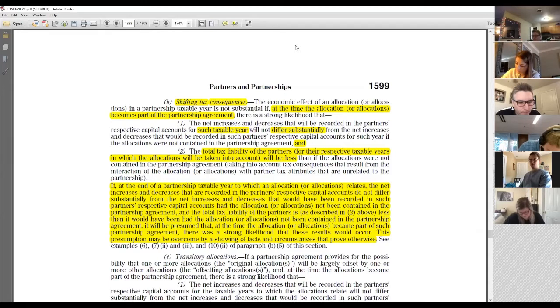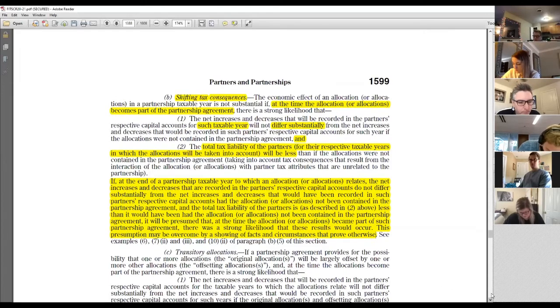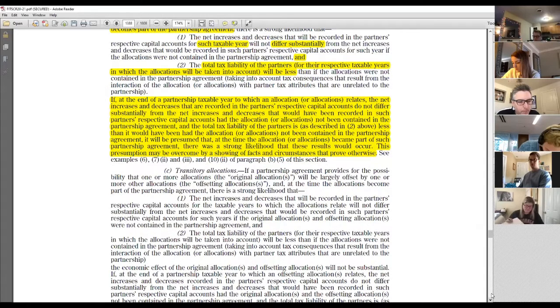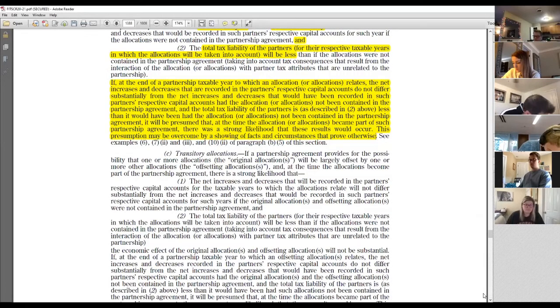Okay, transitory is very much like shifting, except now we're expanding the scope and we're not just looking at a single year. With shifting, the offsetting all happens in one year. In transitory, the offsetting can happen over a number of years. It's the same language you'll see with shifting, except it can be multiple years. So the intro is exactly the same, but now it's for the taxable years.